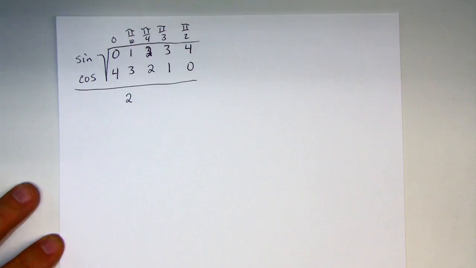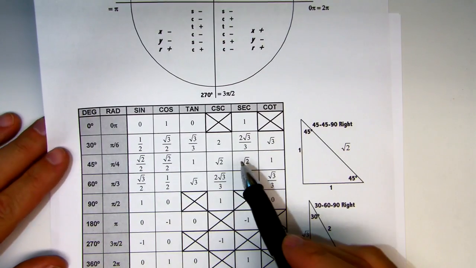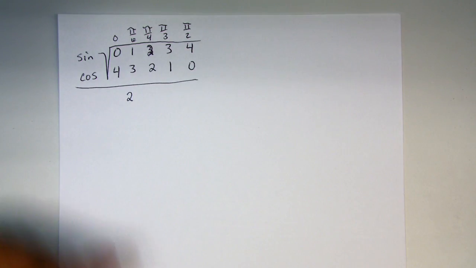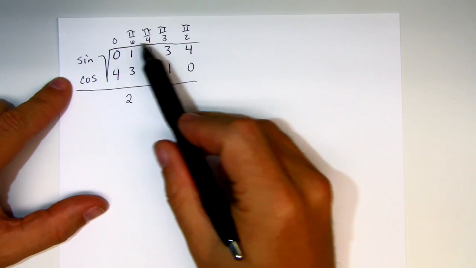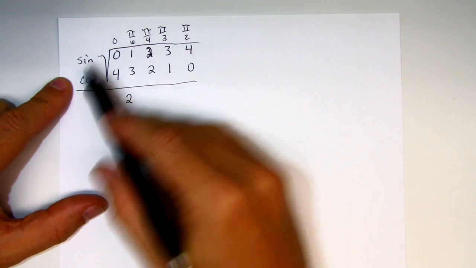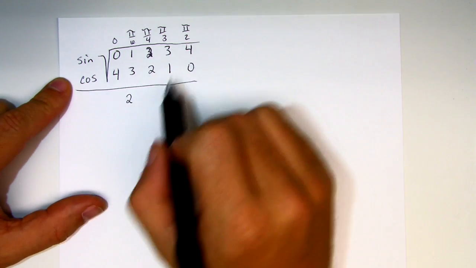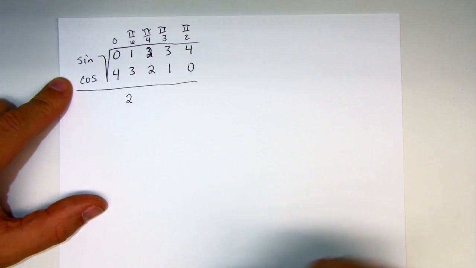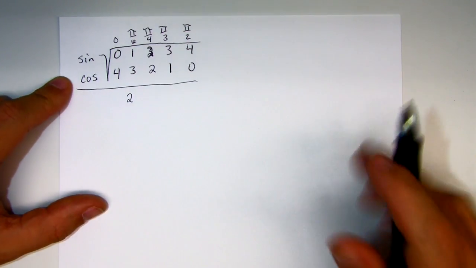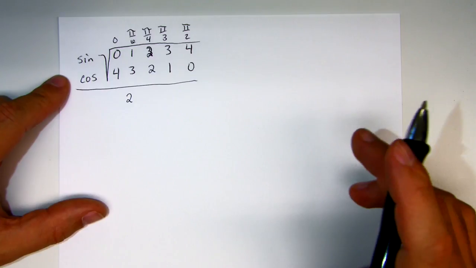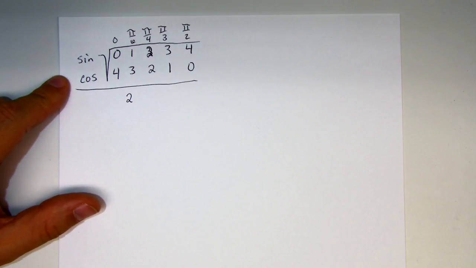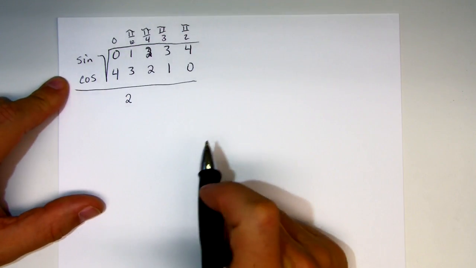Now what we need to know is how to use this. So instead of memorizing this big table down here at the bottom, I just memorize this one little picture here, and then I learned how to use this to find all the other pieces of information. So what I want to show you is sine of pi over 6.